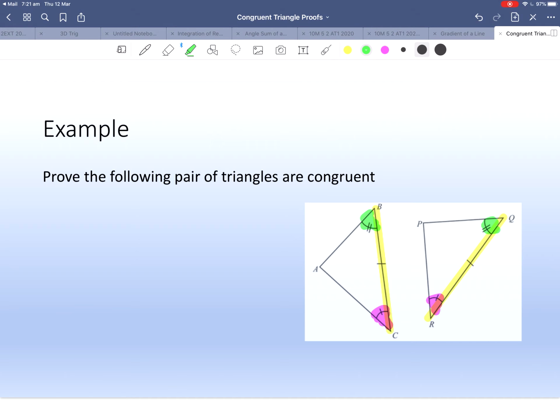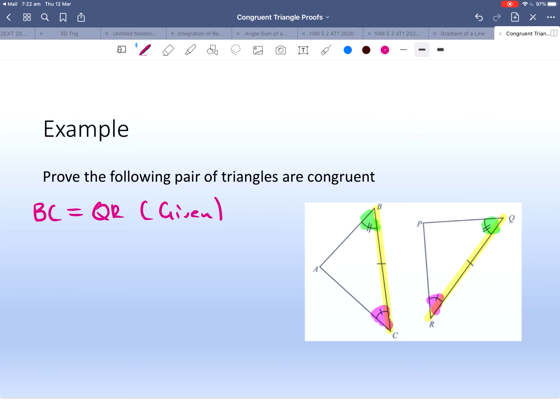Oh, what proof could I use? I think I can use angle, angle, side, because there's two angles and there's the side that's joining them. All right, so how do we set that up? Well, I'm going to start with the side first. I'm going to say BC is equal to QR, and it's given because the drawing shows it.